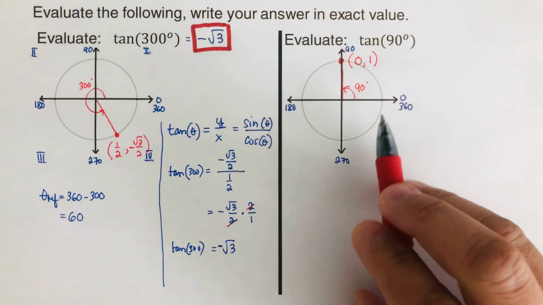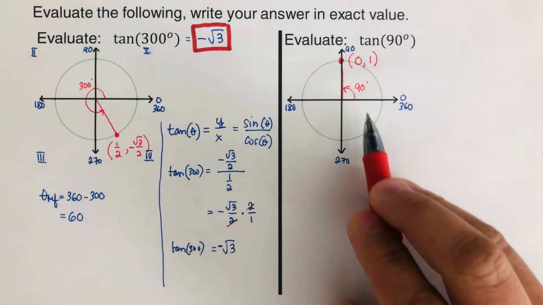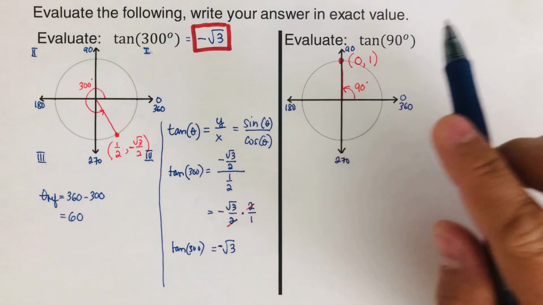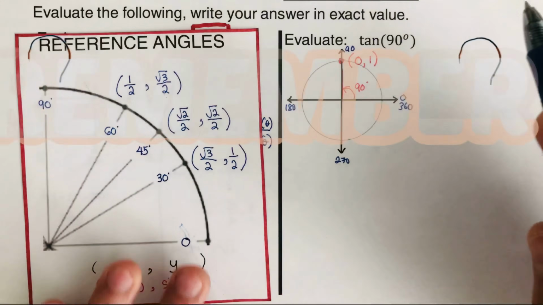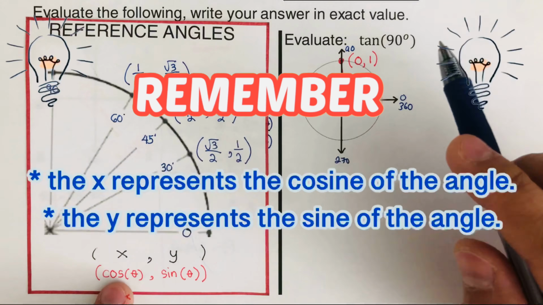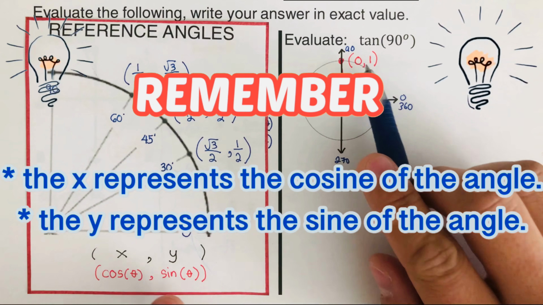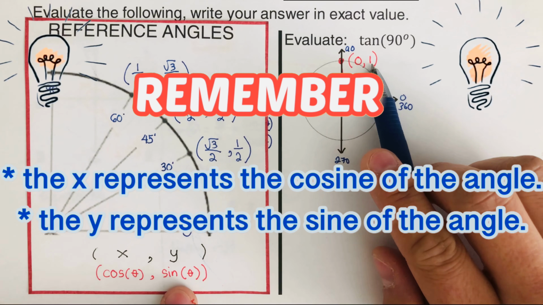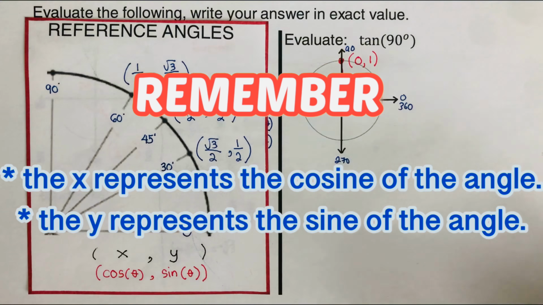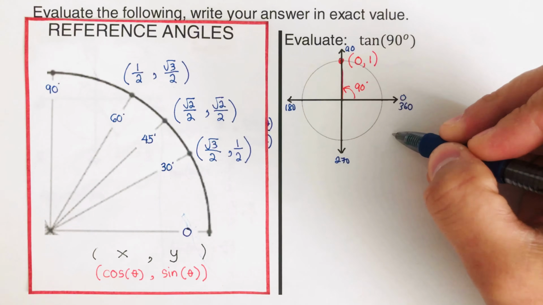Because again, this is a unit circle. A unit circle has a radius of 1 unit. Again, please remember that the x represents the cosine of the angle and the y represents the sine of the angle. But we're looking for tangent. Again, we remember the formula for tangent.